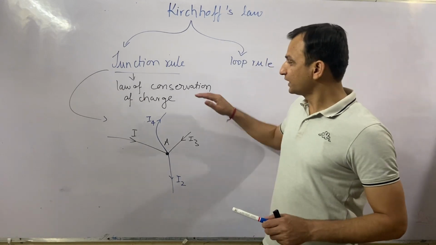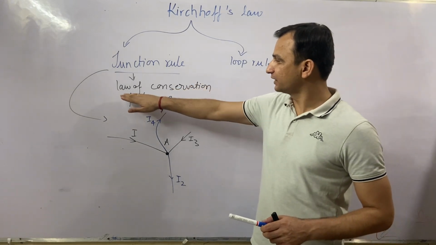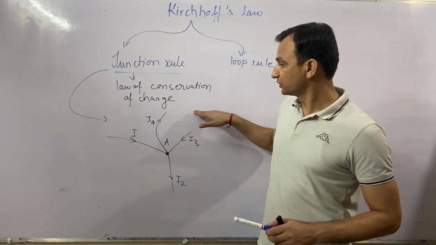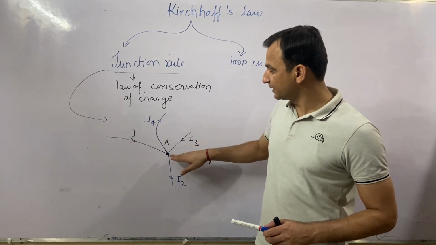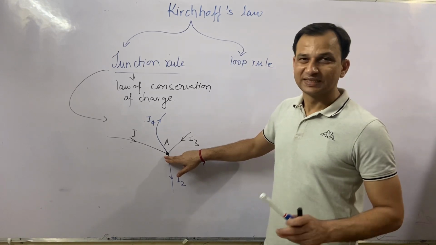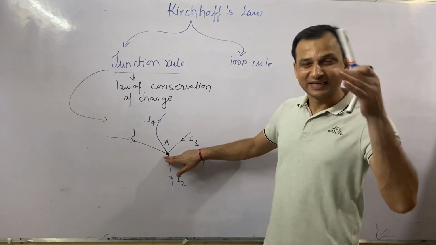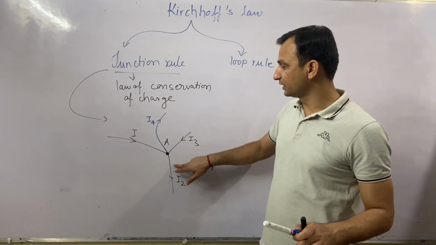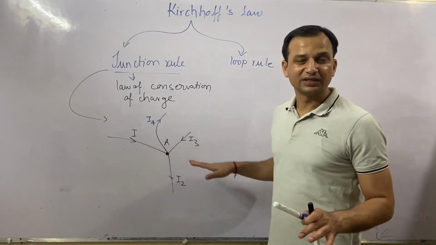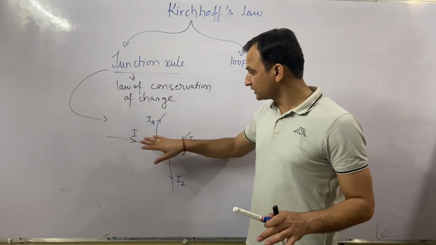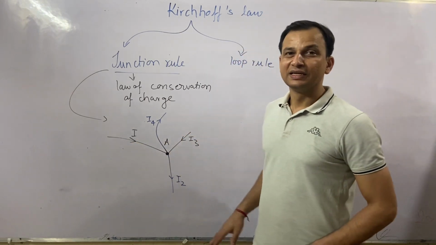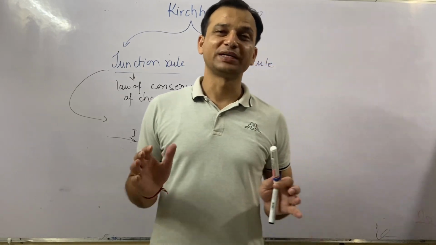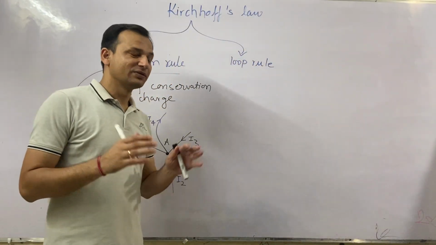Because of the law of conservation of charge, whatever charge enters at this junction will not disappear. It has to flow somewhere in another direction. So whatever charge is entering at point A, the same amount of charge should leave from point A, or you can say from the junction.